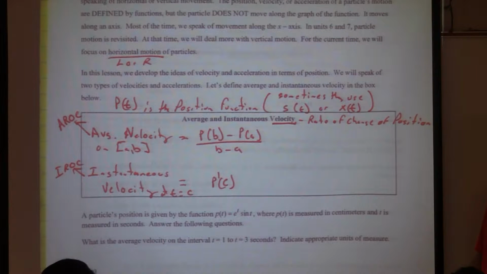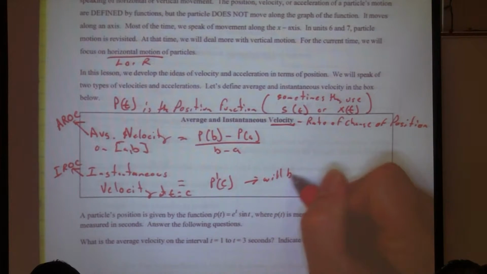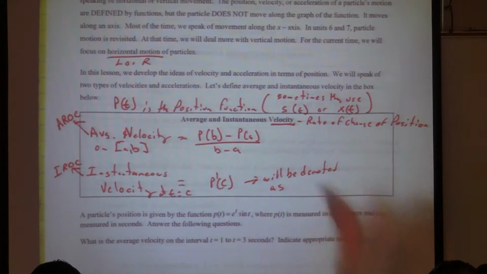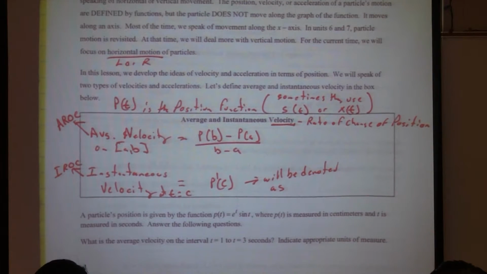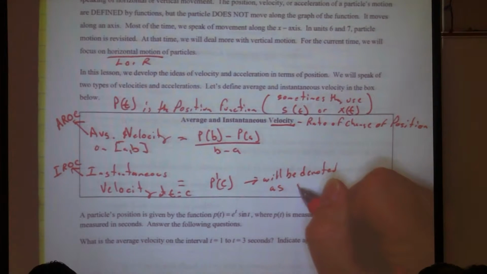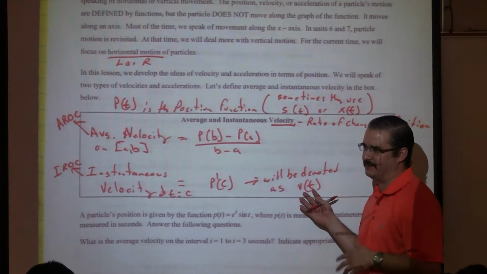What would be another notation do you think they would use for instantaneous velocity? What letter would be wise to use for velocity? V? Okay, so when they denote something as V of t, from here on forward, it's understood to be instantaneous velocity.